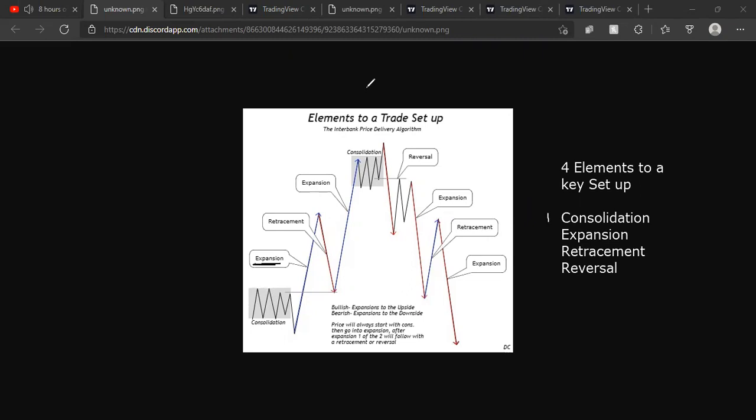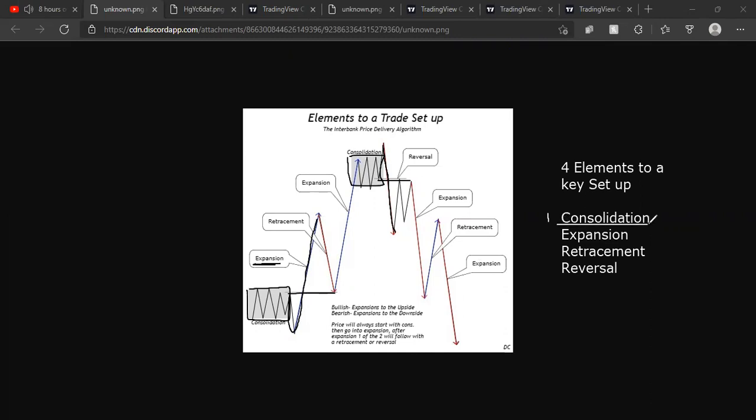In this diagram that I have drawn out, and we'll get into some live charts as well, you see the consolidation phases before a huge expansion or a reversal.